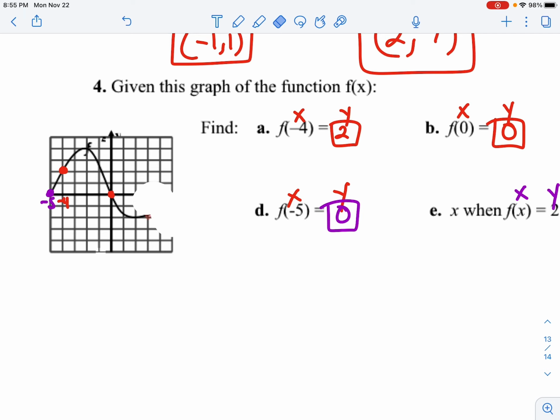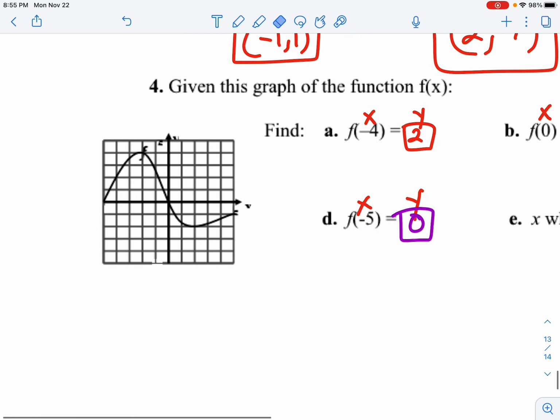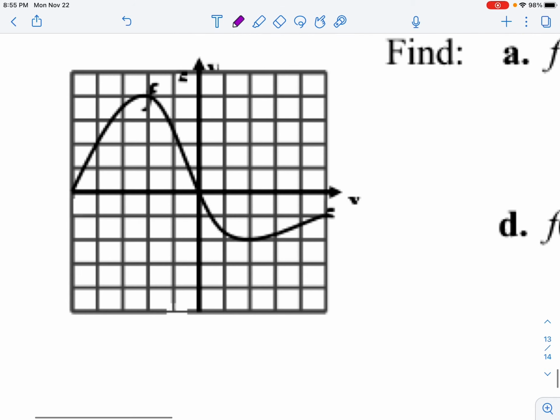I'm going to erase all this. If the y were equal to +2, so which is 1, 2 units up. Well, actually, there's 2 points, aren't there? Isn't there a point here as well as a point here that have a y value of 2? So the x value is -1, and it's also -4.